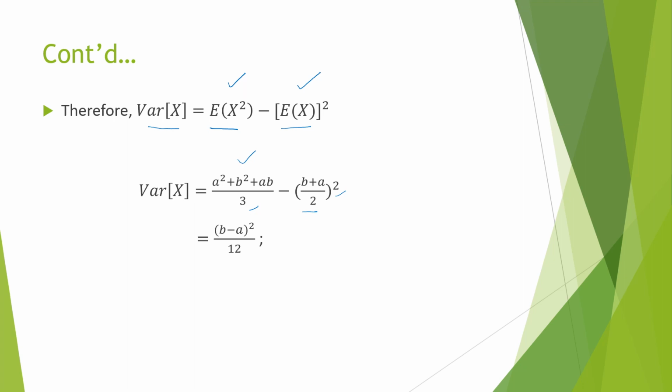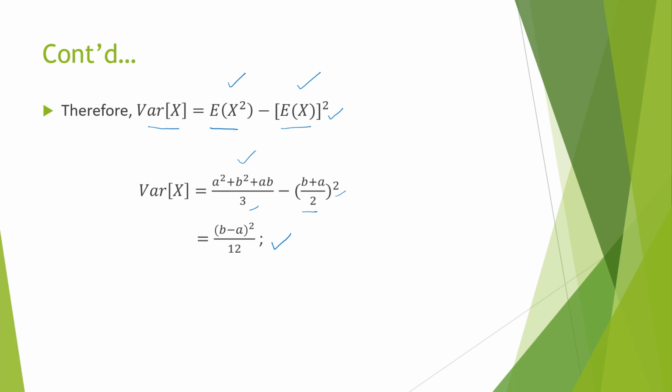And then if you simplify, you get the variance of the uniform random variable as (b minus a) whole square by 12. So it is always easy to find variance in terms of its mean square value and mean value. Find the mean square value and mean value, substitute in this equation, and we can readily calculate variance x.